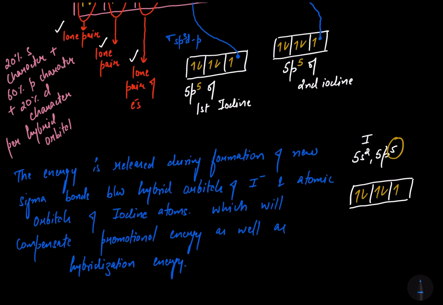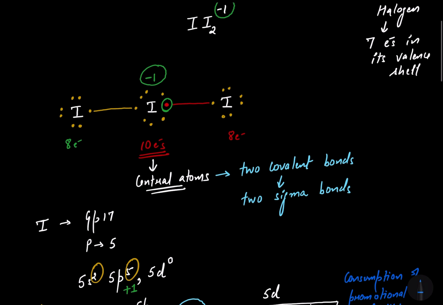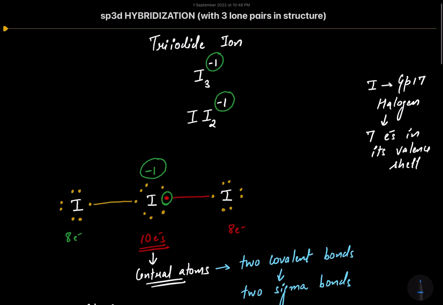So that's the reason the formation of tri-iodide ion is a chemically feasible or practically possible process. So that's all about hybridization of tri-iodide ion, which came out to be sp3d hybridization with the 3 lone pairs in the structure, and during the naming of the structure we have to ignore the lone pairs, so it came out to be linear.